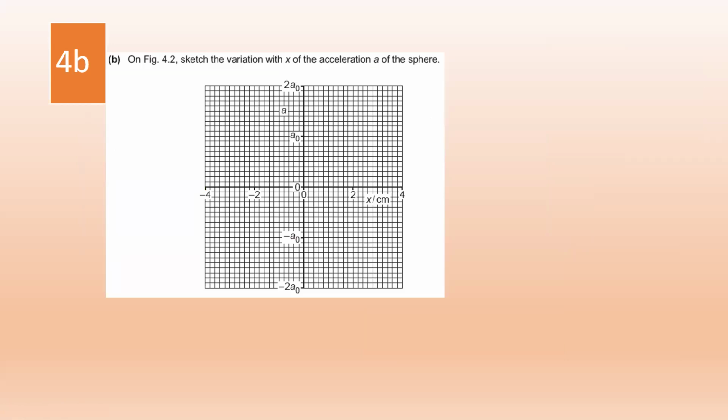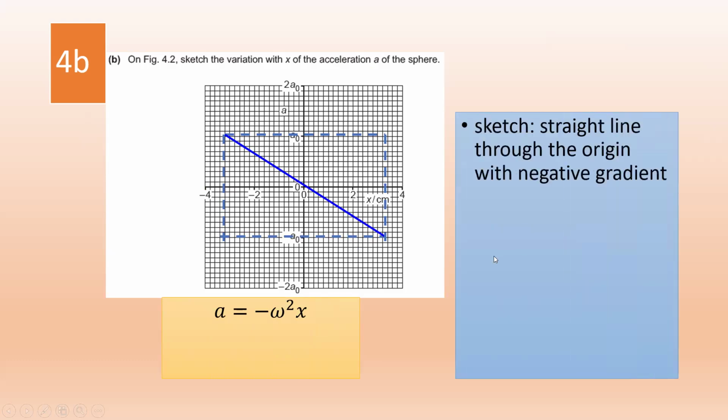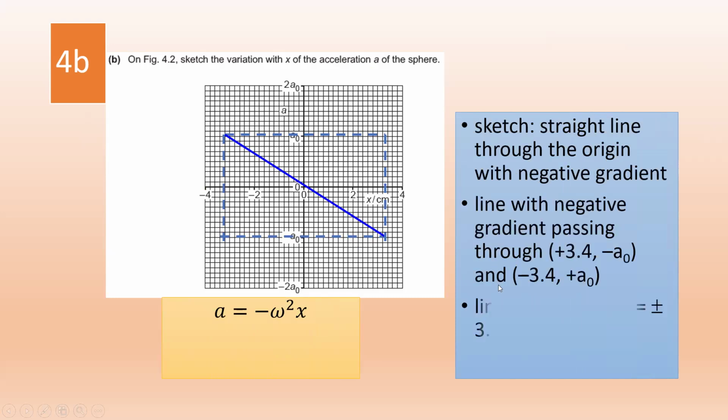Then sketch the graph. There's the equation, a straight line passing through the origin. Make sure the amplitude is correct and a naught is correct. That's a marking scheme requirement to get the 3 marks.